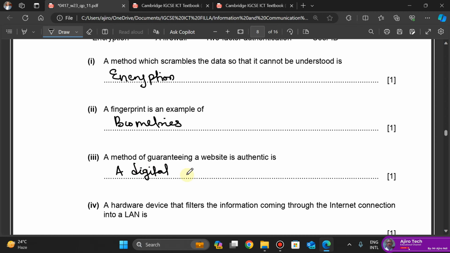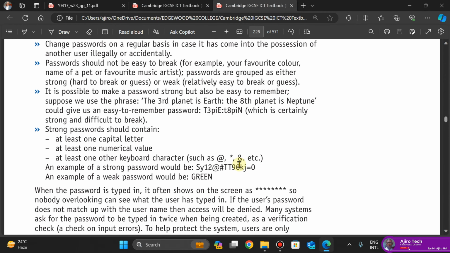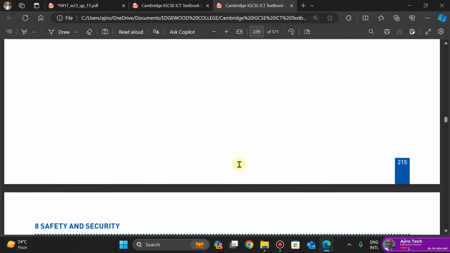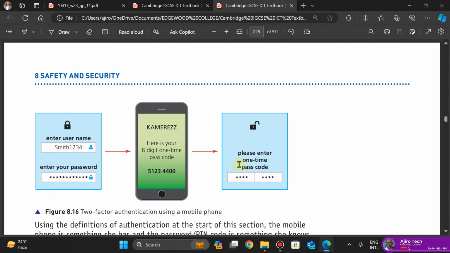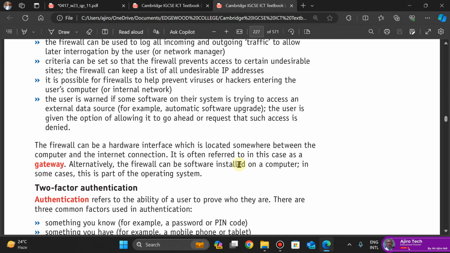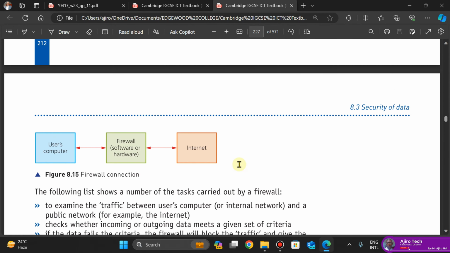You see this in chapter, I want to be sure, digital certificate is chapter 10 of the textbook.